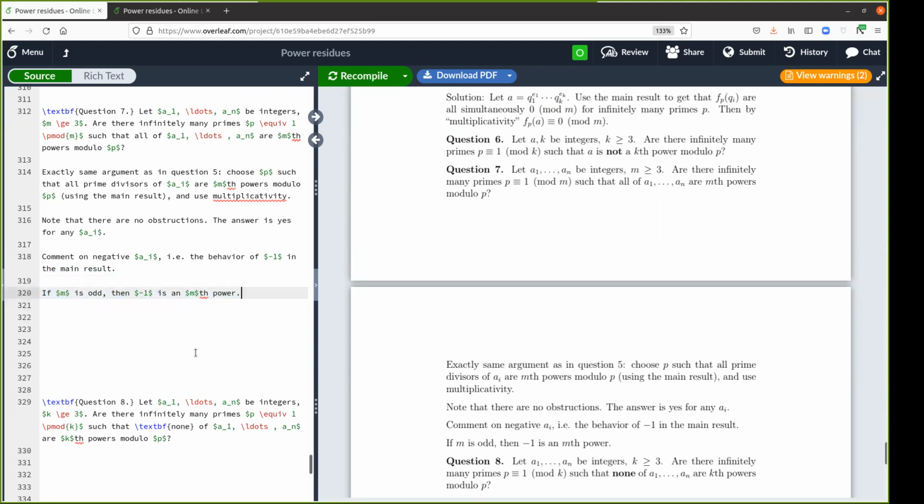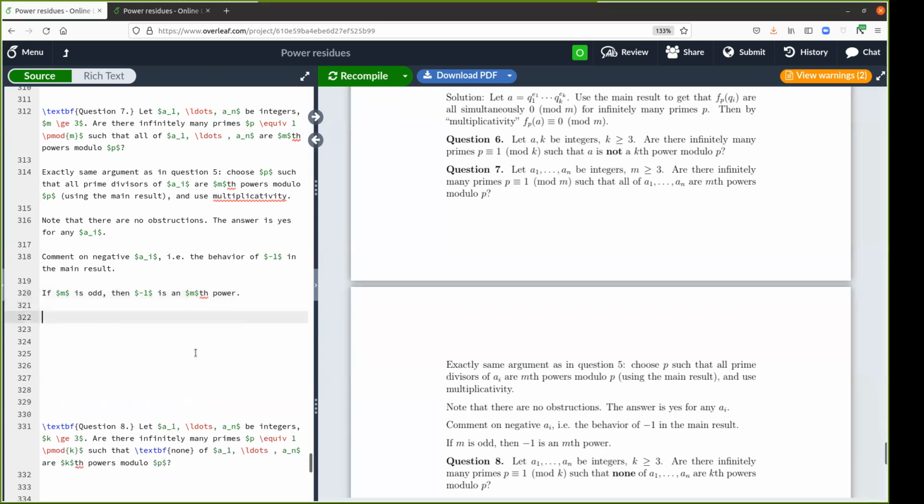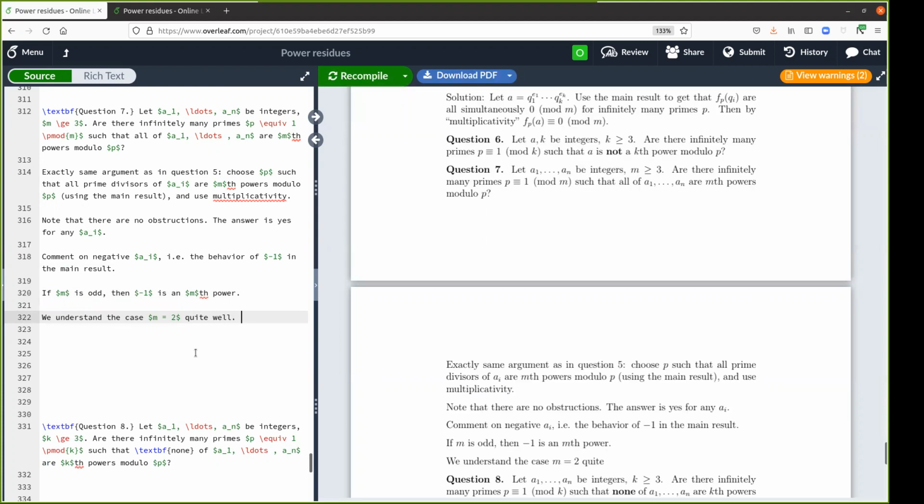We only have to consider what happens when m is a power of 2. I'm not going to explain this rigorously, but the case when m is equal to 2, we also understand that quite well.